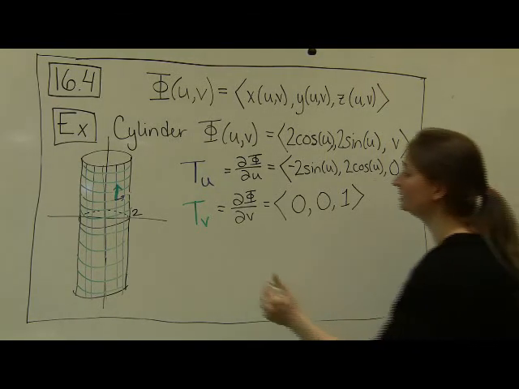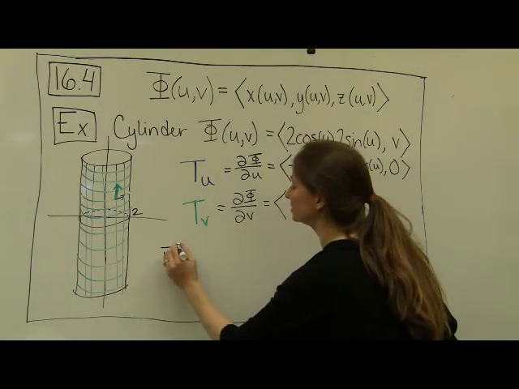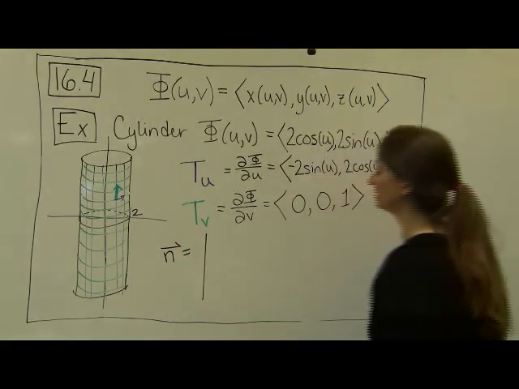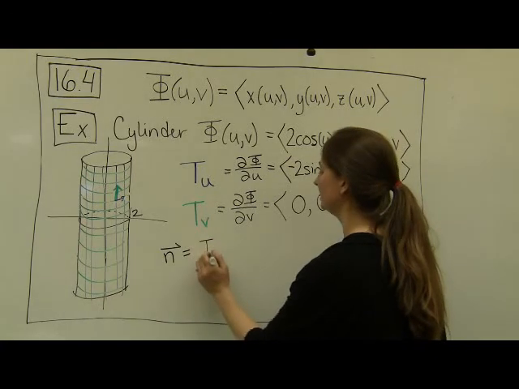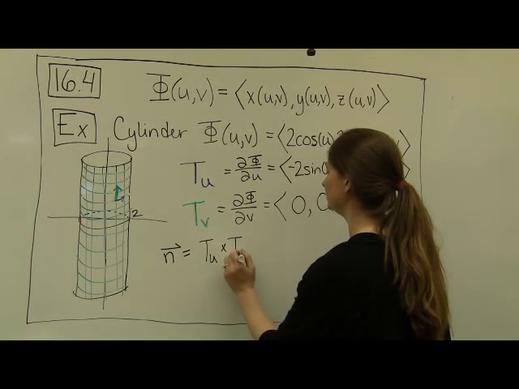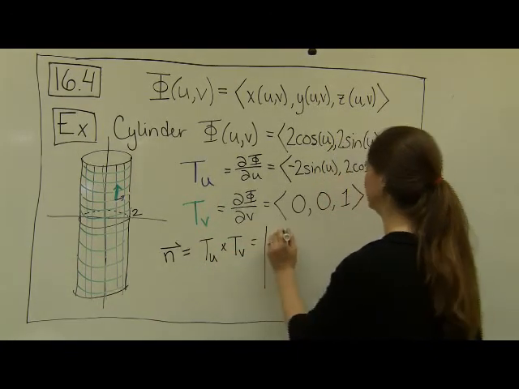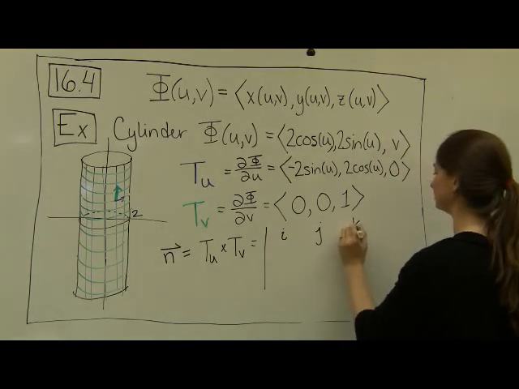Our final step, let's go ahead and compute what our normal vector is going to be. Our normal vector, recall, I'll write down our definition, it's going to be the cross product of t u and t v. And we remember how to do cross products.